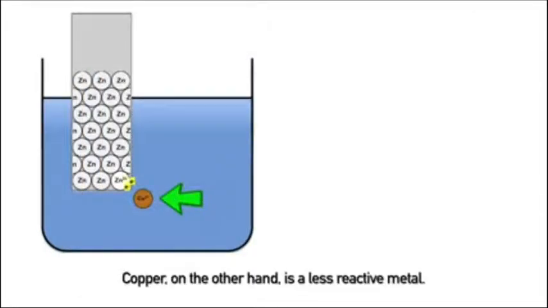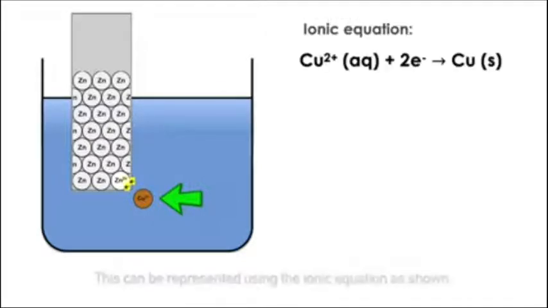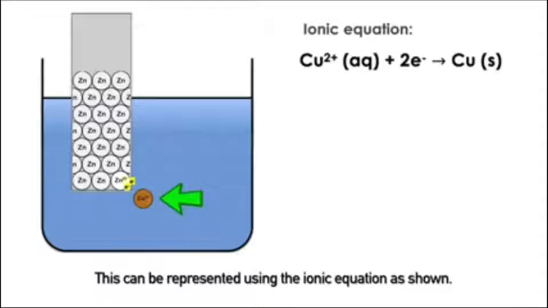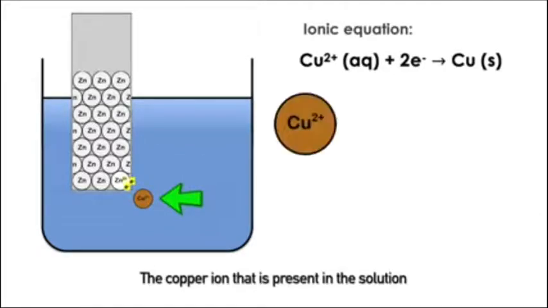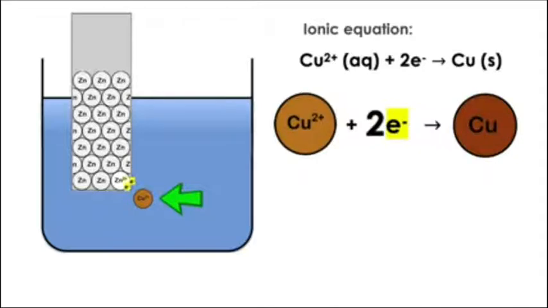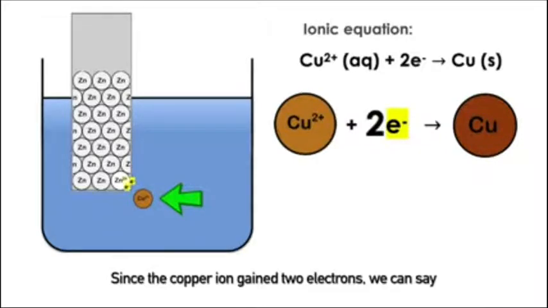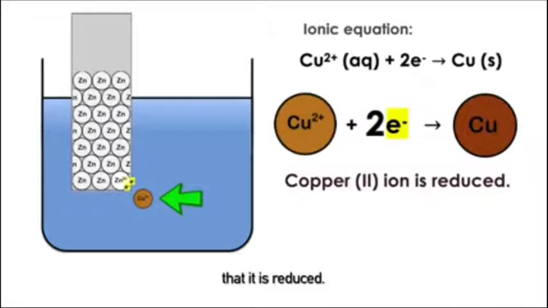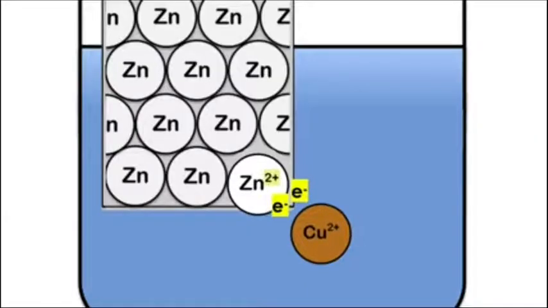What happens with copper then? Copper is a less reactive metal. It prefers to remain as an atom. So it will take the 2 electrons to become an atom. Cu2+ is gaining the 2 electrons to become a copper atom. Nothing but the copper ion is reduced.